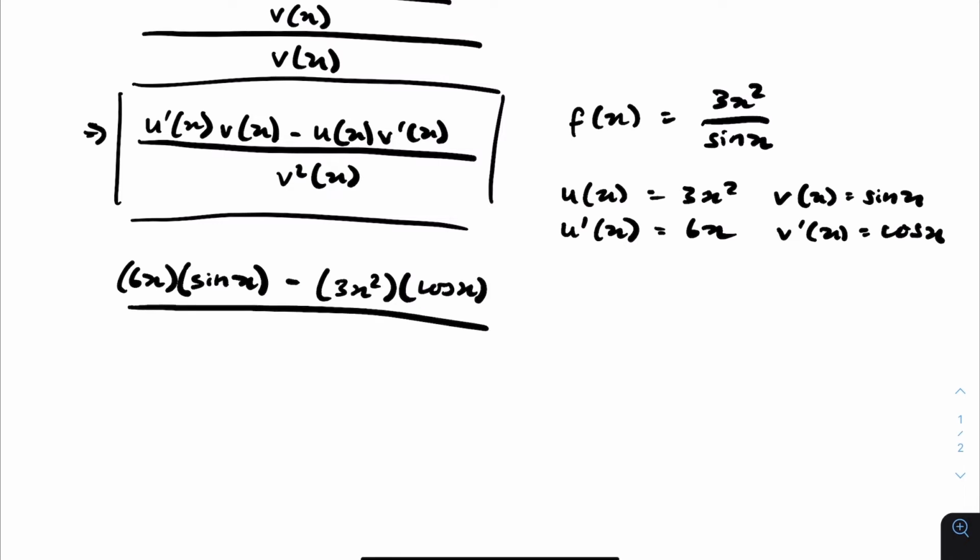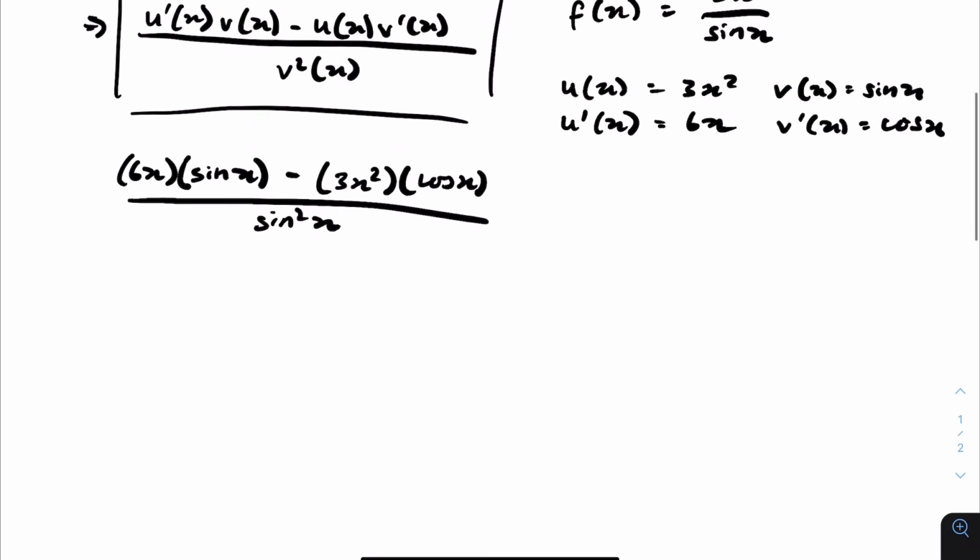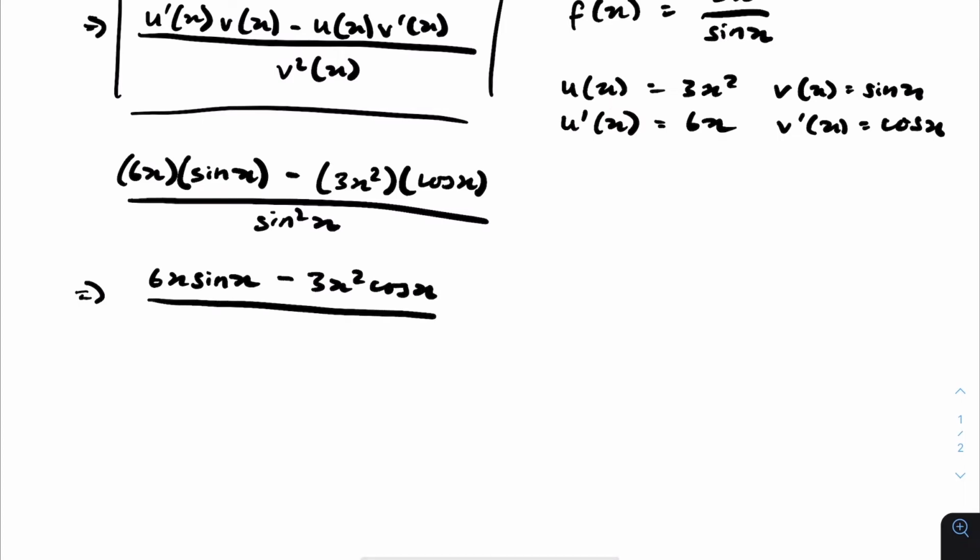And we divide that by v squared x, which is just sine squared x in this case, which gives us 6x sine x minus 3x squared cos x over sine squared x.